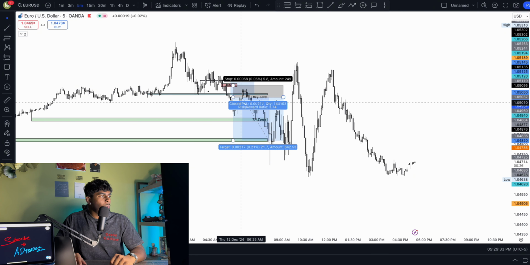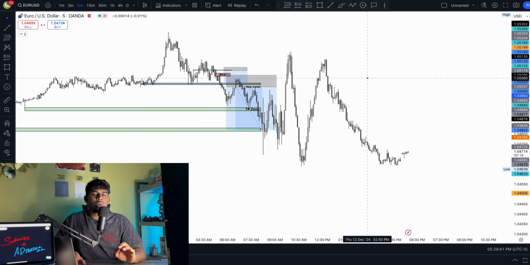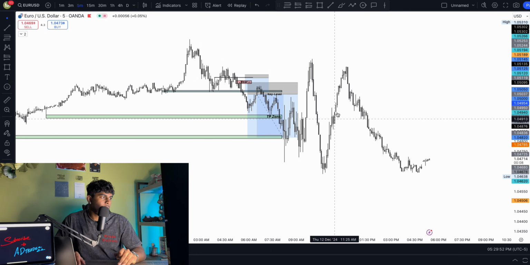Now let's get right into the charts. I have a clean chart here, there's nothing on it. I just want to go over how you can set up zones and how you can find liquidity. Like I mentioned before, liquidity resides above swing highs and below swing lows. This right here is a swing high. This is a swing high. This is a swing low.